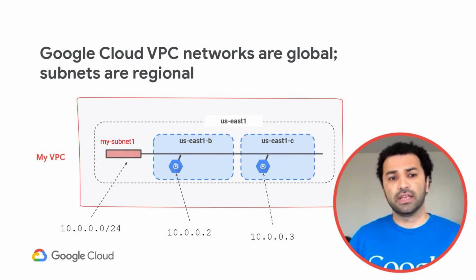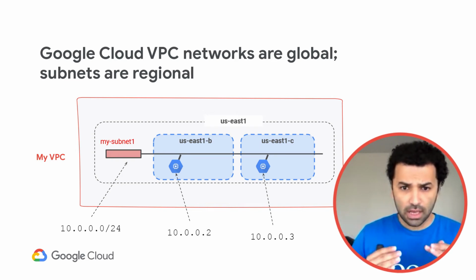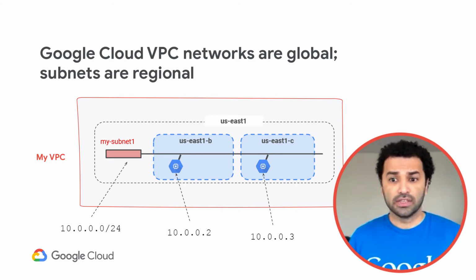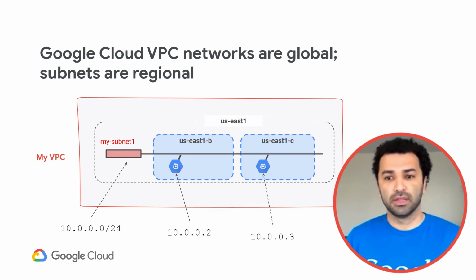Even though they are in different zones, within the same region, they are acting as one single network resource. So it's one subnet defined in one single region, and you can use it across multiple zones within the same region.